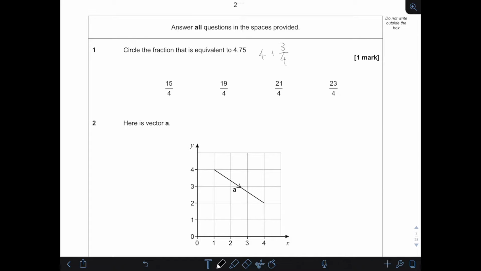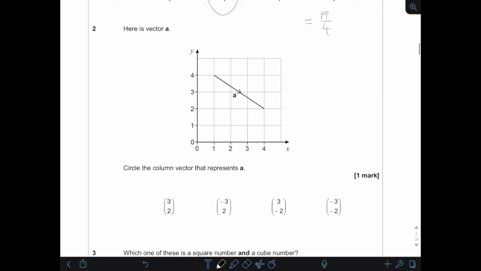So 4, with a denominator of 4, would equal 16 over 4, plus the remaining 3/4, which should give us a net total of 19 over 4. So the answer should be that one.